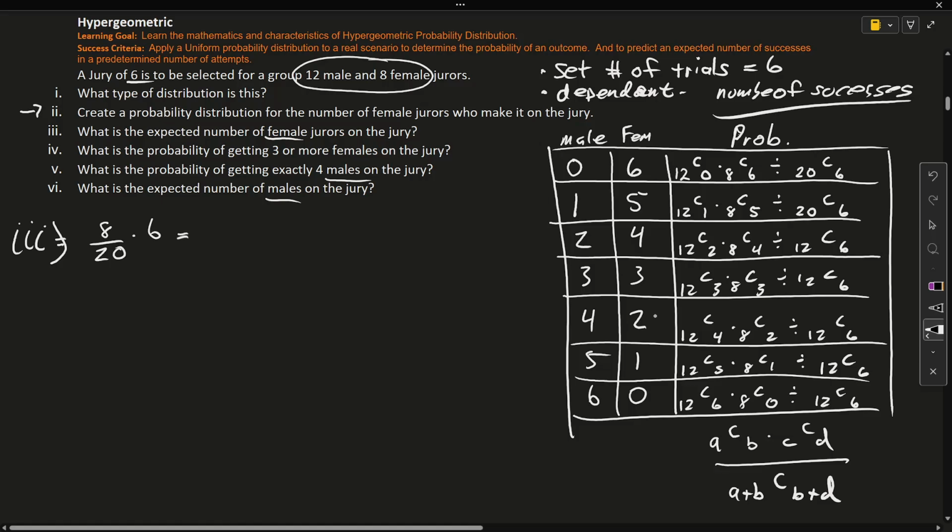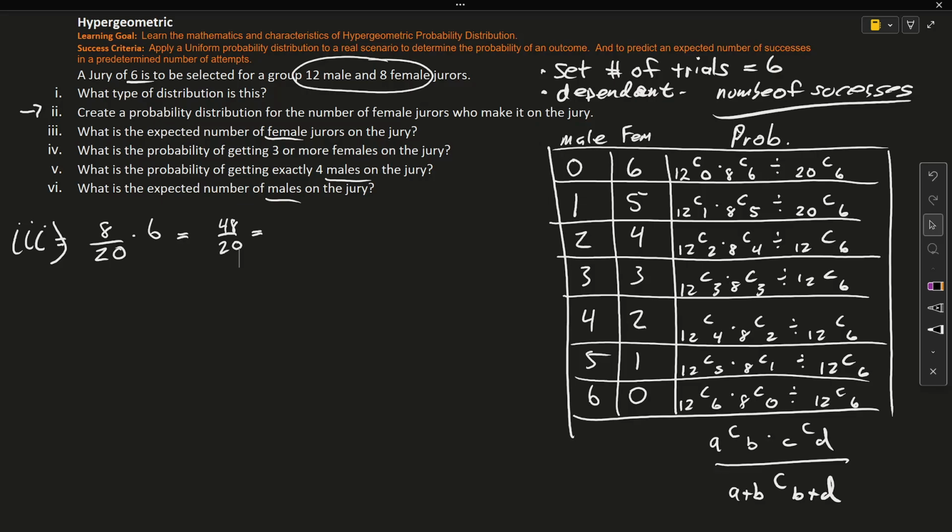This is going to give me the expected number of female jurors. So I'm going to get 6 times 8 is 48 over 20, right? And what is that going to be?